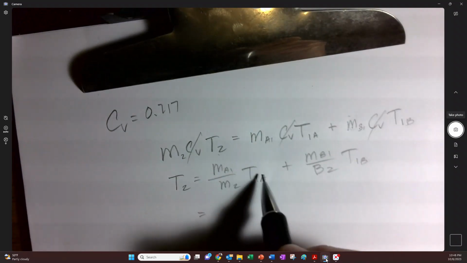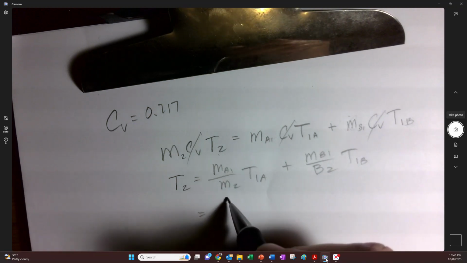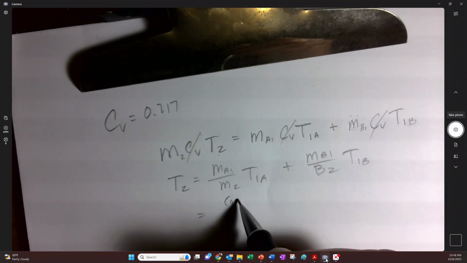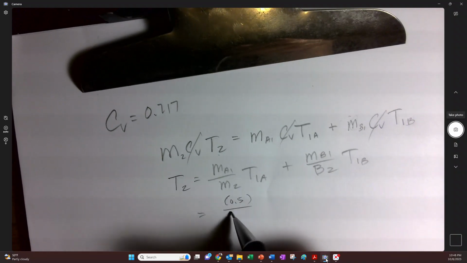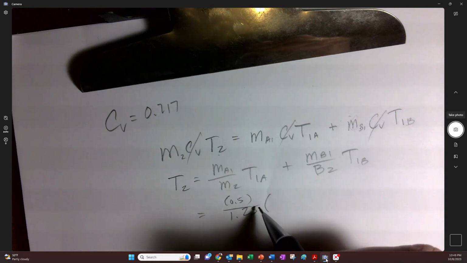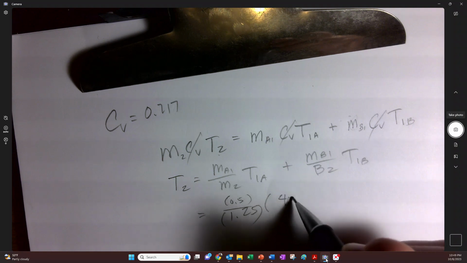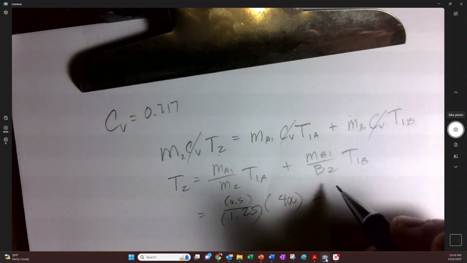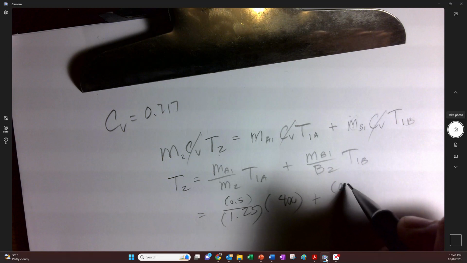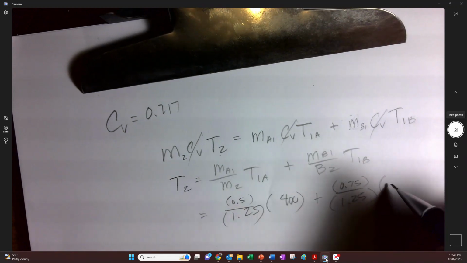And we've got to make sure that they're in Kelvin. But we get mass of 1 was 0.5 over 1.25, and this T1 was 400, plus this was 0.75 over 1.25, and this was 300.